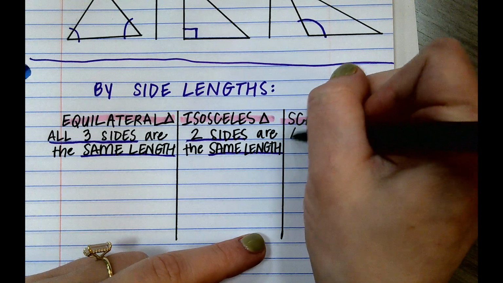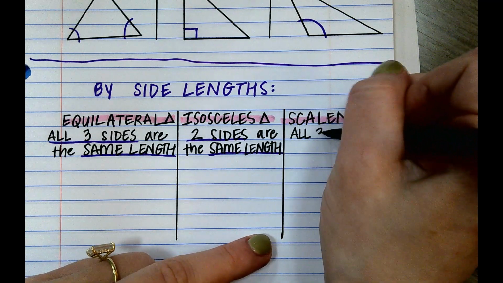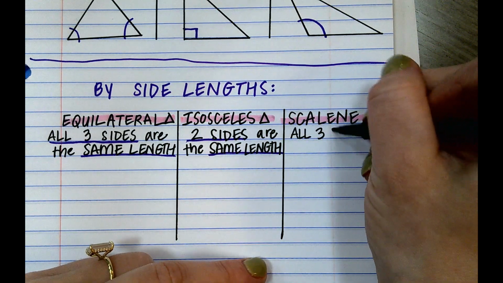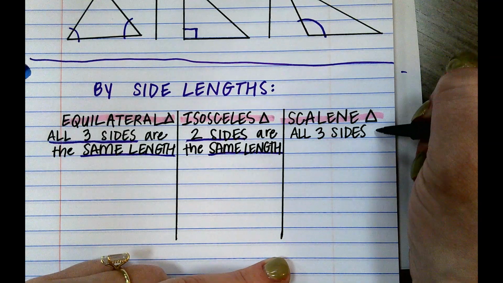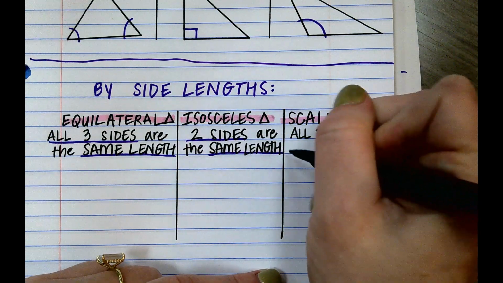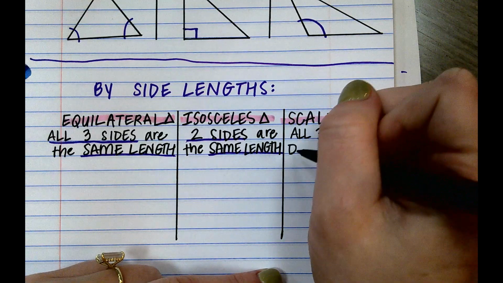Scalene is when all three sides are different lengths. So none of them are the same.